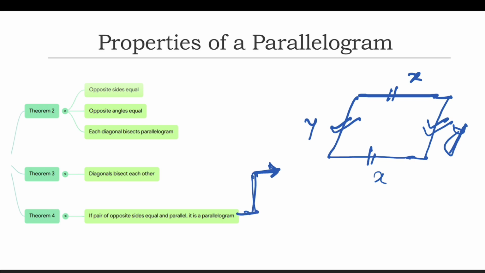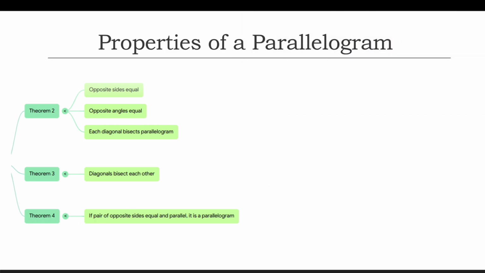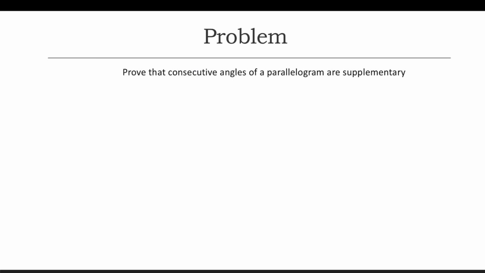So the fifth theorem is not that relevant, because all the properties that we have seen come to this also. So please remember all these properties. Opposite sides of a parallelogram are equal, opposite angles are equal, each diagonal will divide the parallelogram into two parts, and wherever the diagonals intersect, they will bisect each other. Clear till here? So now let's right away jump to questions.